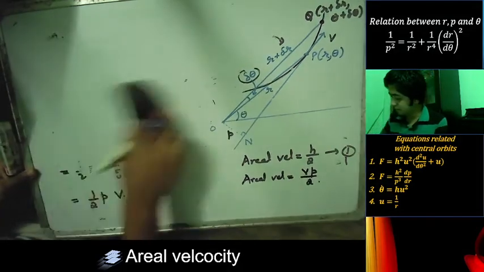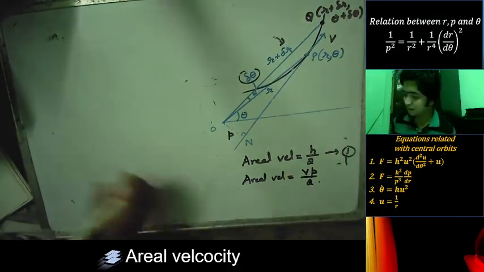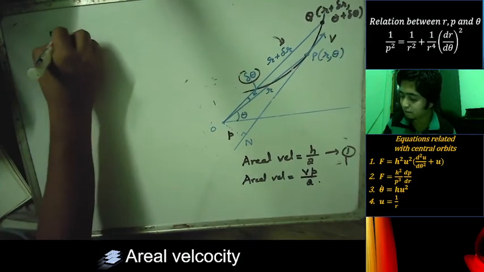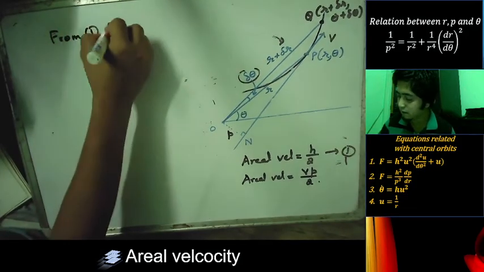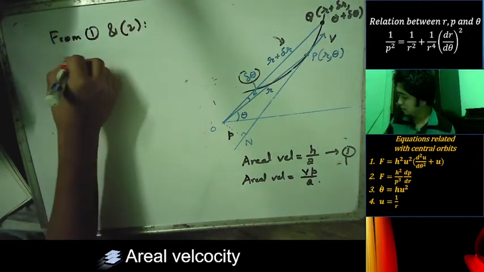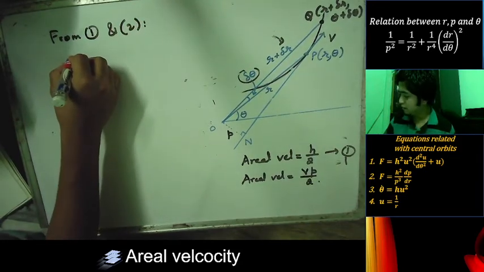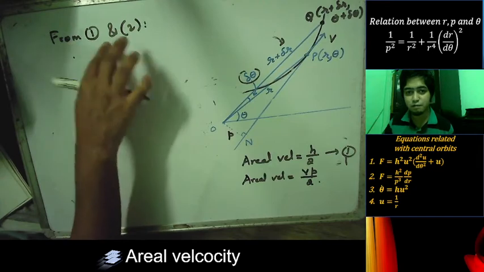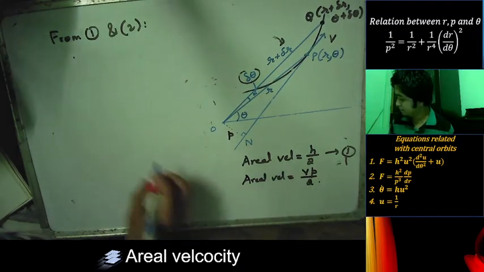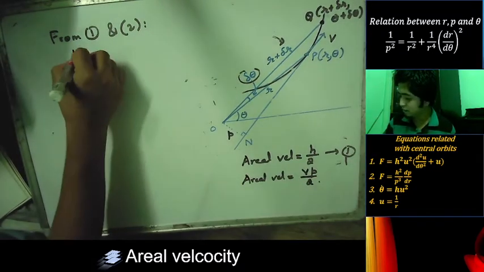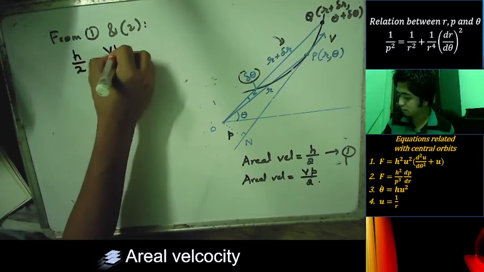To get the next relation that we want, from 1 and 2 we get h by 2 equal Vp by 2.